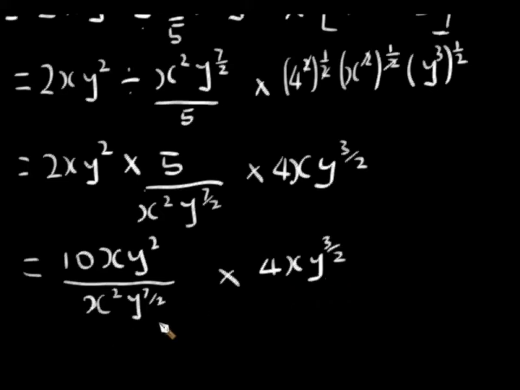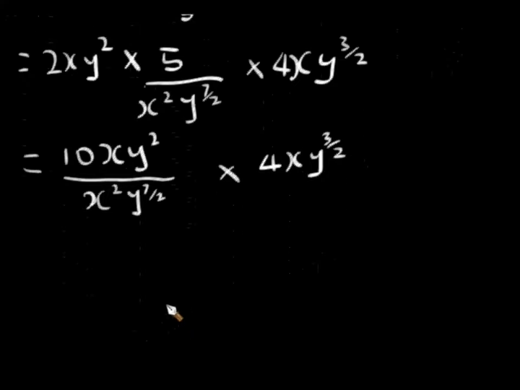Now from the laws of indices, we have 10. Because this is a division going on here, we can choose to pick one of the symbols and subtract the powers. So that will be x raised to power 1 minus 2. Notice that there's an imaginary power of 1 here, and here we have a power of 2. The same thing happens for the y.